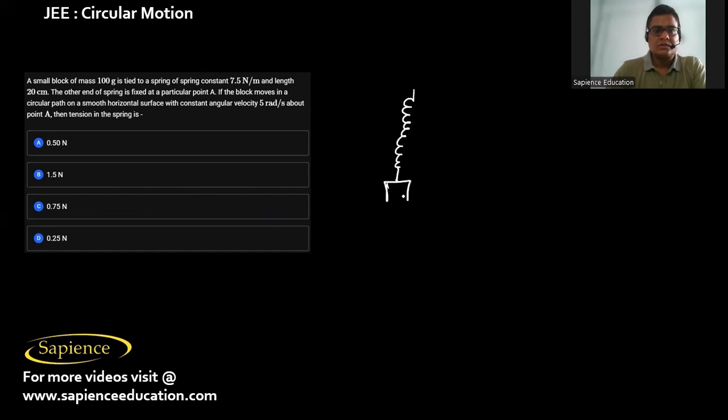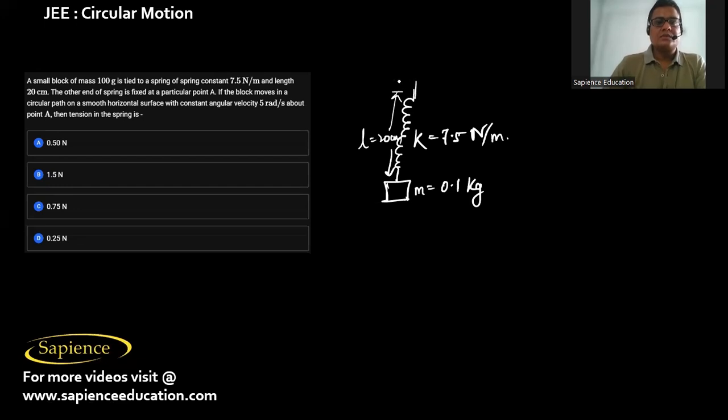A small block of mass m, which is 0.1 kg, is tied to a spring of spring constant 7.5 Newton per meter, and the length of the spring is 20 centimeter. The other end of the spring is fixed to a particular point A.